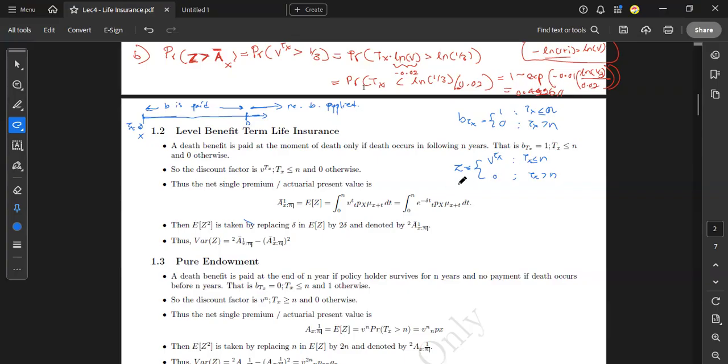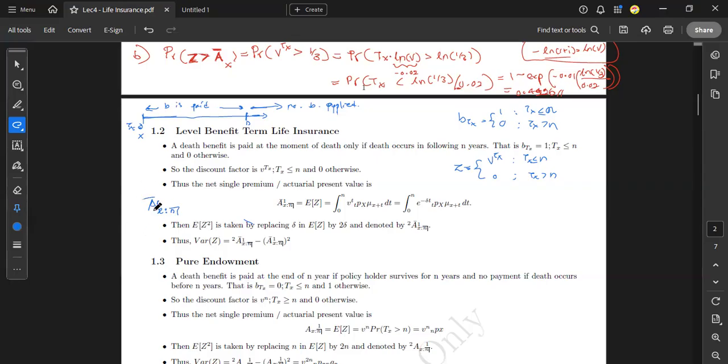Then the present value random variable is v^TX again, but the actual present value is denoted like this: the actual present value for a person at age x for the next n years, the coverage time, and it's only for the term. That's why we put 1 over x, and it is continuous, so we use the bar.